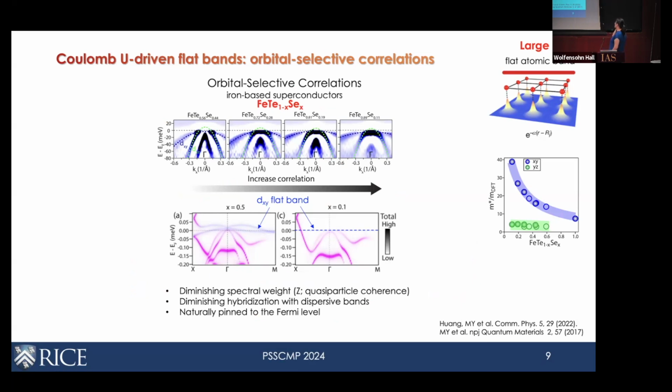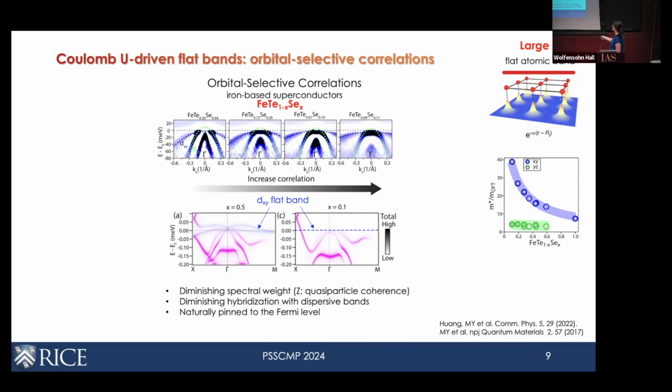Okay, so maybe another milder version of this is something that I studied as a graduate student, and that is in these iron-based superconductors. And very interestingly, these materials exhibit what we call orbital selective correlations, and you can directly see this in these ARPES data. Essentially, these iron-based superconductors are multi-orbital systems, and near the chemical potential, all five iron 3d orbitals are active, and so you see a bunch of bands at the Fermi level.